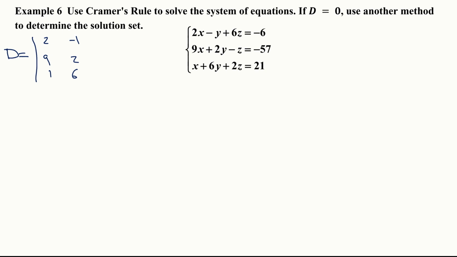That's the second column, and the third column is 6, negative 1, 2. Remember, we repeat the first two columns, 2, 9, 1, and negative 1, 2, 6.